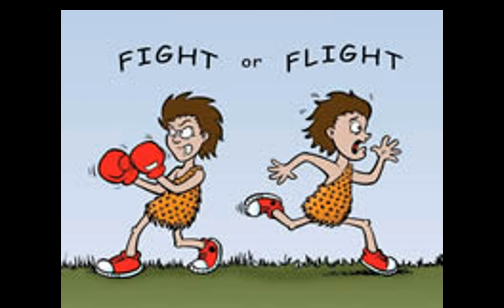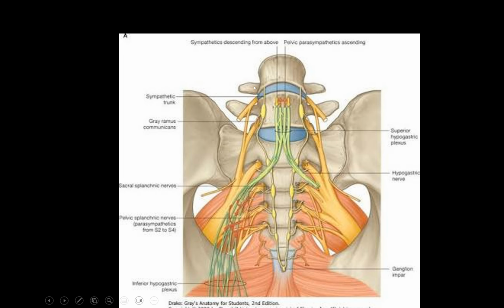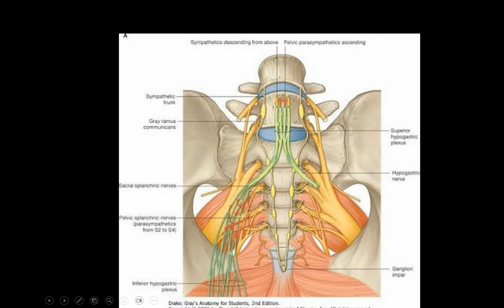Sympathetic nervous system: stress, fight or flight. In this view of the posterior chest wall and vertebral column, on either side of the vertebral column there is the sympathetic chain carrying sympathetic ganglia. Although it arises from the dorsal and upper two lumbar segments, the sympathetic chain extends from the cervical region down to the sacrum.